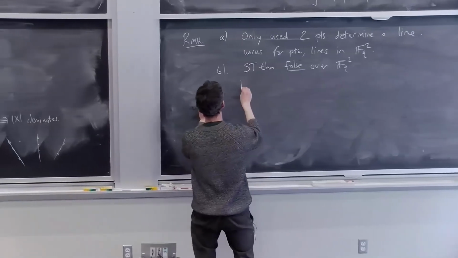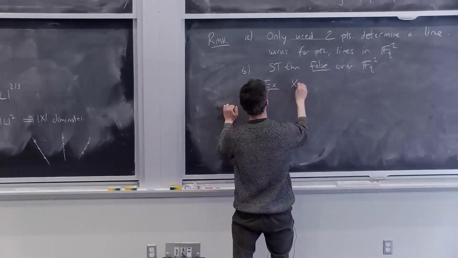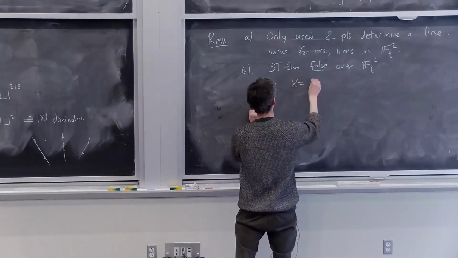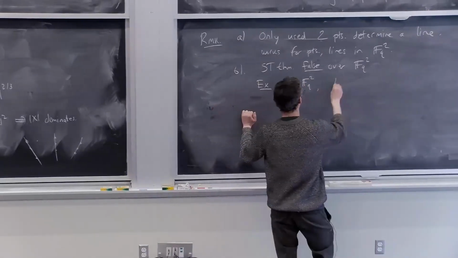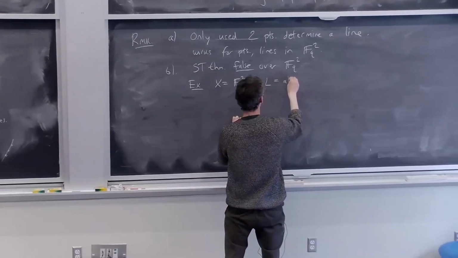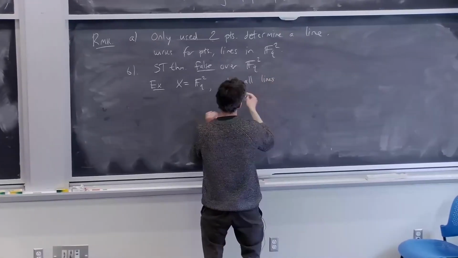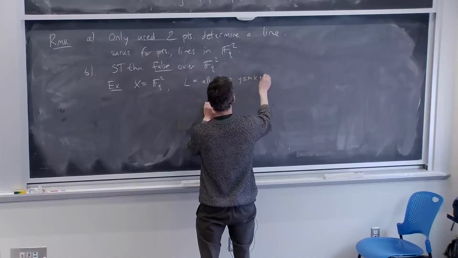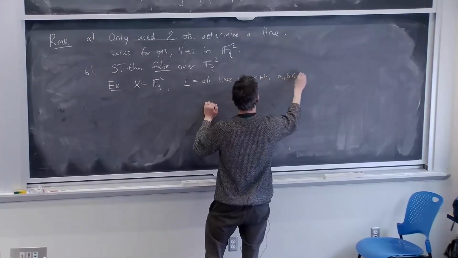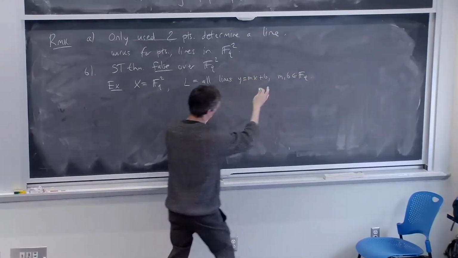Here's the example. X is the entire plane, all the points, F_q^2. And L is all of the lines. You could take literally all the lines, or you could take all of the lines y equals mx plus b, where m and b are in F_q. It doesn't matter very much which one.